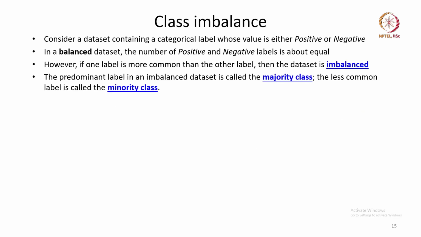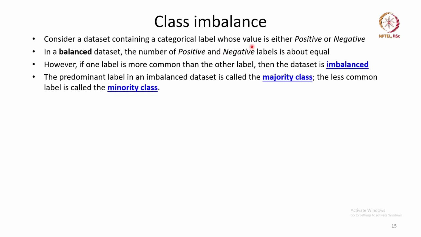First of all, if we take the example of having two classes, positive and negative, then if the number of positive examples and negative examples are equal, you call it a balanced data set.